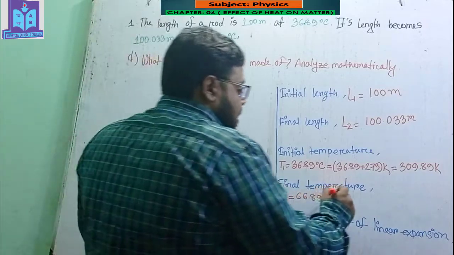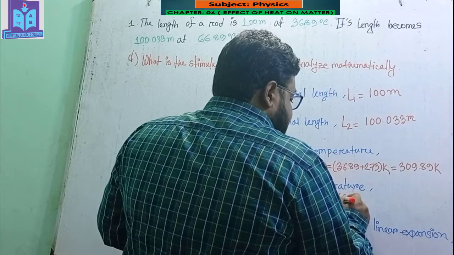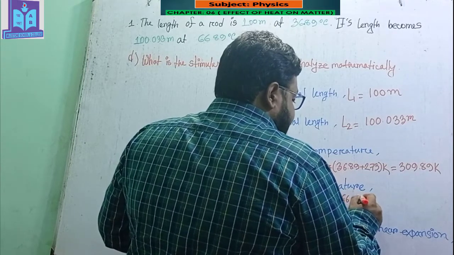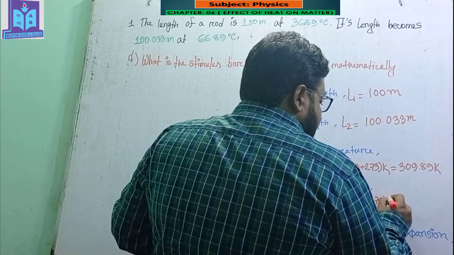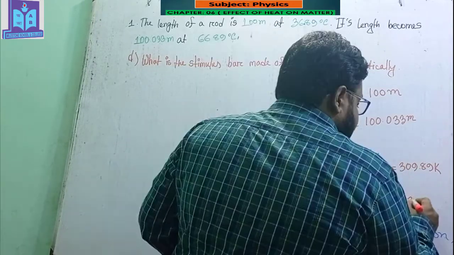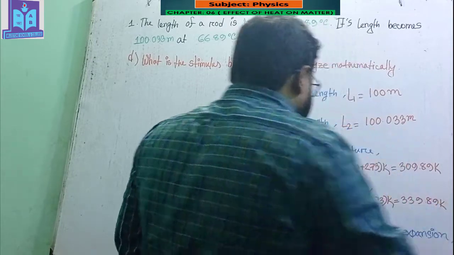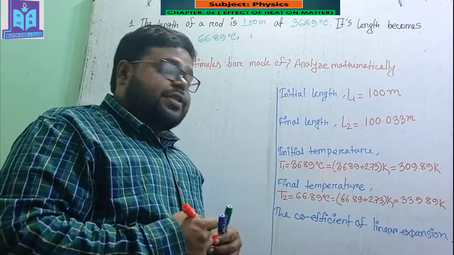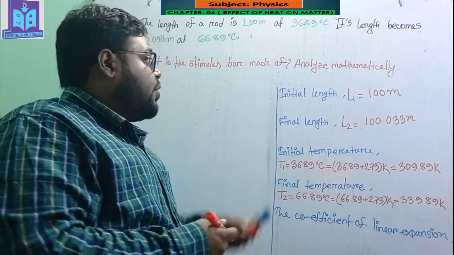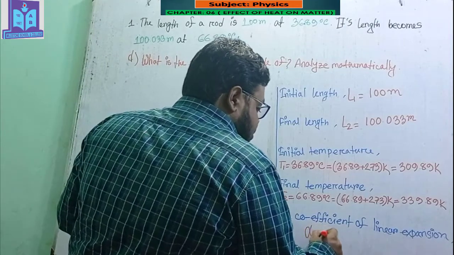So if I add 273 with this value, then the value will be 339.89 Kelvin. And finally, I have to find out the coefficient of linear expansion for this rod, and alpha equals to what?